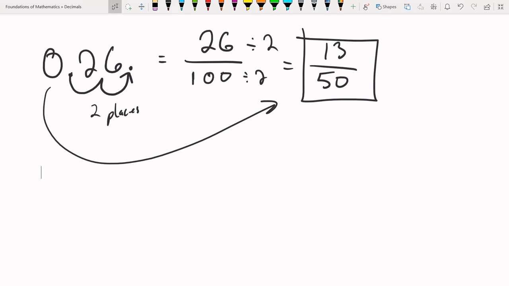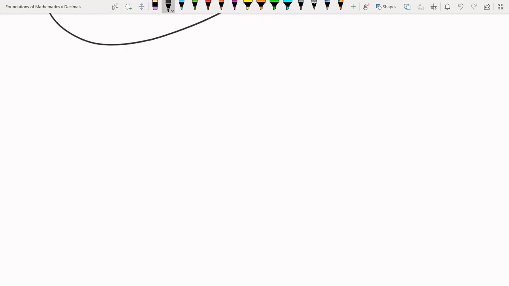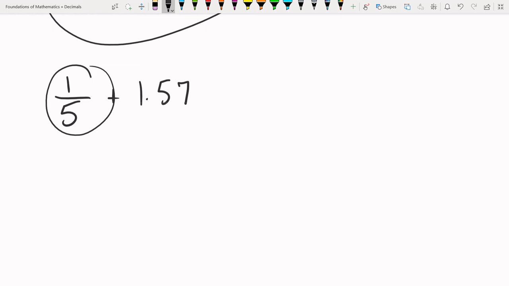That being said, whenever we have problems that have both fractions and decimals in it, we need to convert to either one or the other. We don't really ever have fractions and decimals in the same type of problem. For instance, let's say if we had 1/5 plus 1.57. The first thing I'm going to do is convert this to a decimal.